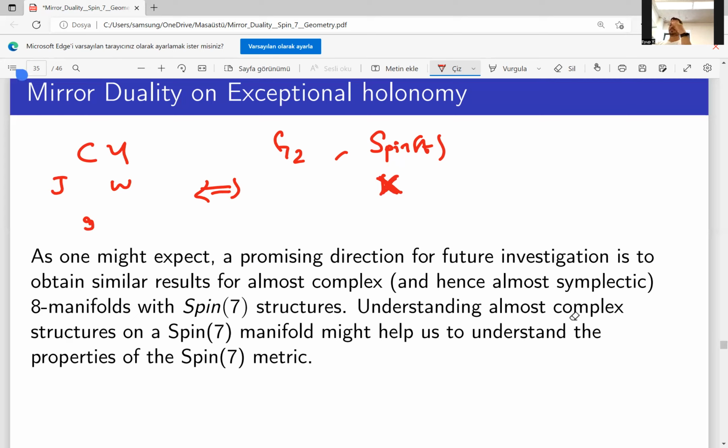Because J sends real parts to imaginary parts, and this is orthogonal to the real part, but here we have the cross product, and the two form, the Cayley form corresponds to phi, phi the Cayley form, and the g is induced from the remaining metric. In this case, can we find the same procedure in Spin(7) geometry, because G2 and Spin(7) are related to M theory also.